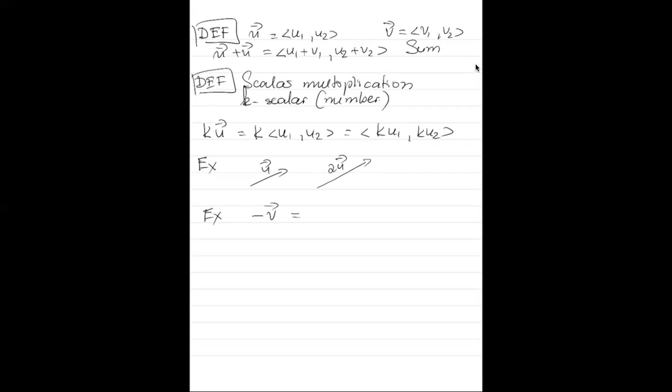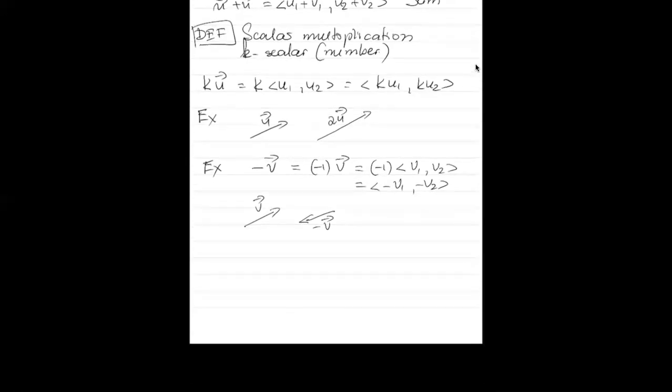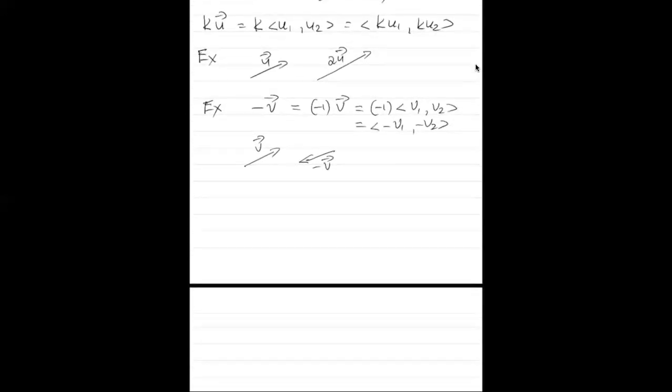That is the same as the number negative 1 times the vector v, which is negative 1 times the components v1, v2, which is negative v1, negative v2. So if this is our vector v, then negative v has the same magnitude, but opposite direction.